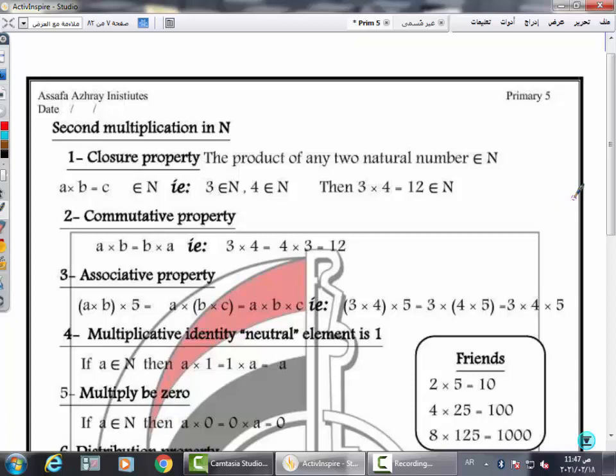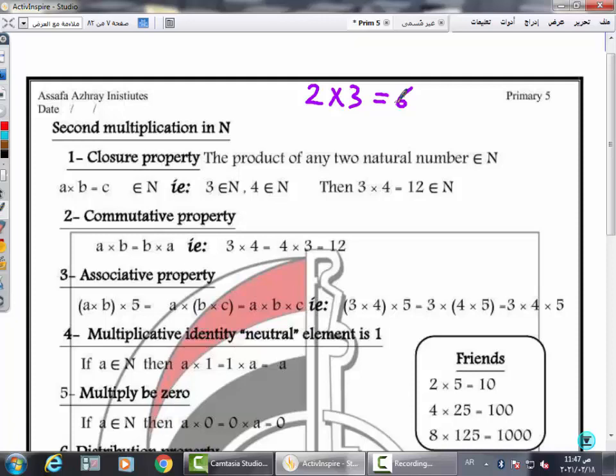The product of two natural numbers gives me a natural number. 2 times 3 equals 6. 2 is natural, 3 is natural, and the result will be a natural number.